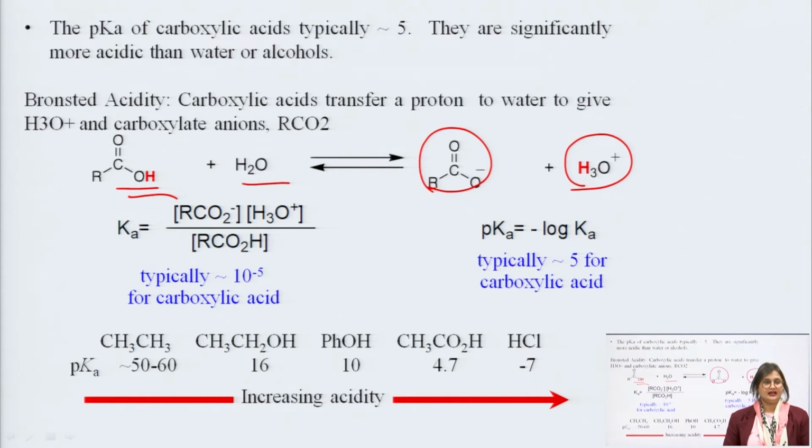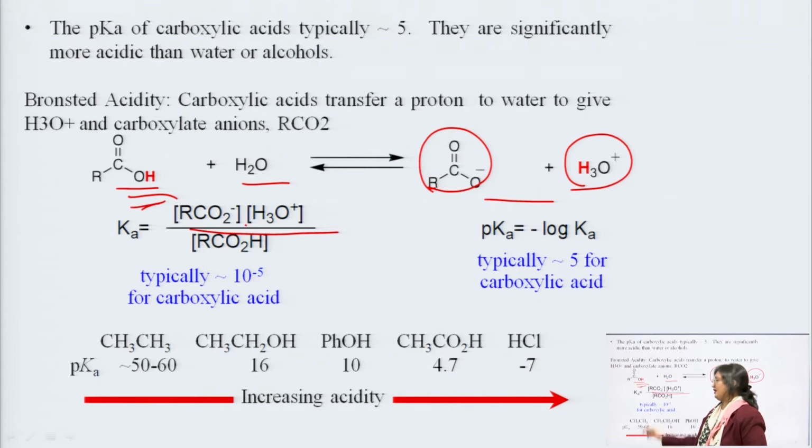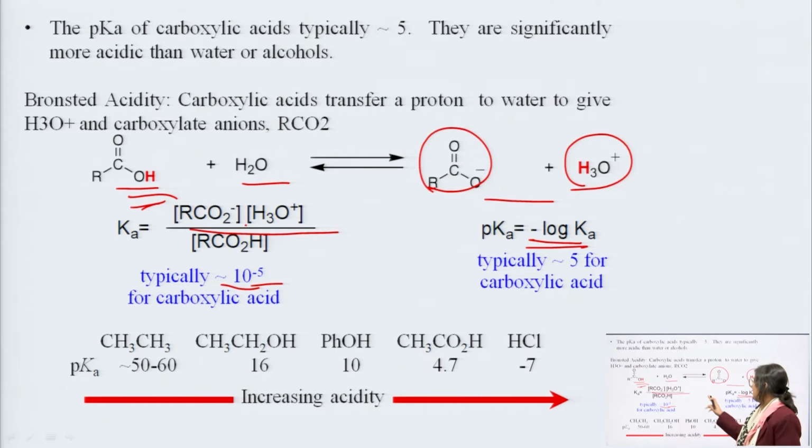So, the Ka value can be written as RCOO minus times H3O plus, divided by RCOOH. Water being the solvent here is taken as negligible. Typically this has a value of 10 to the power minus 5. So, the pKa, which is minus log Ka, is approximately 5 for a carboxylic acid.